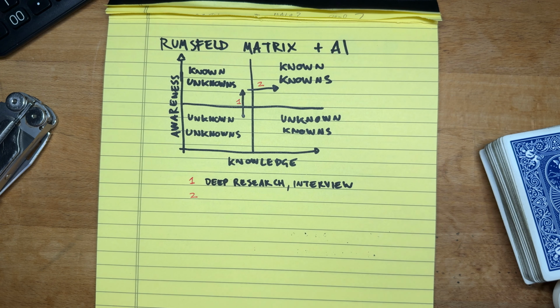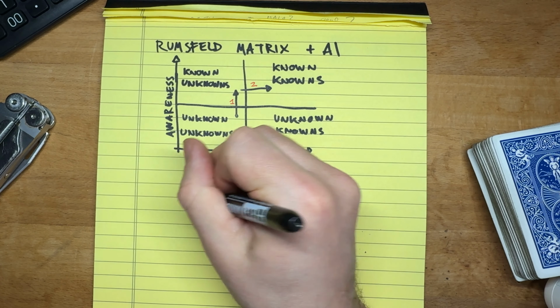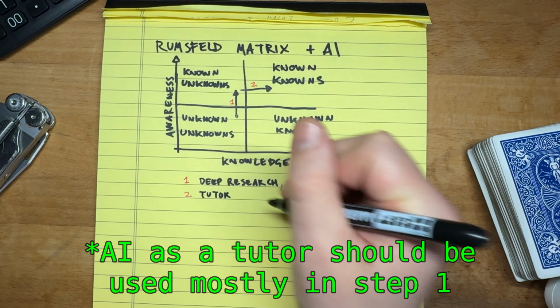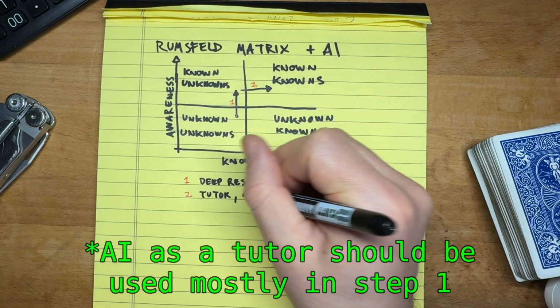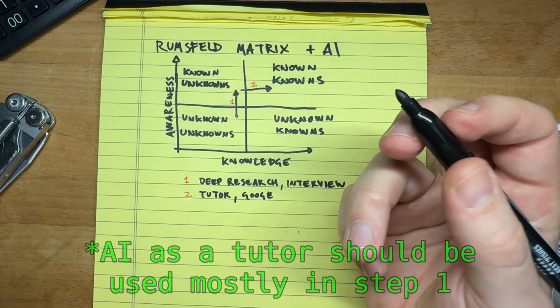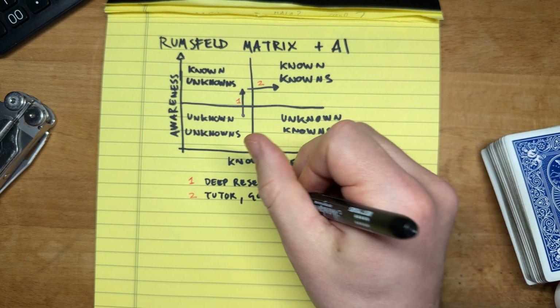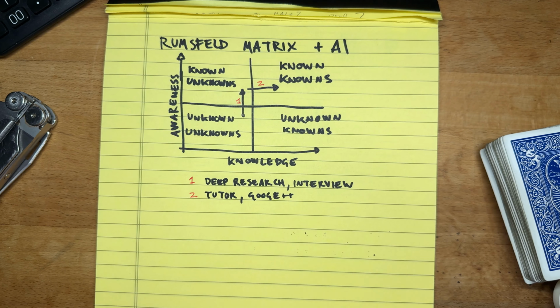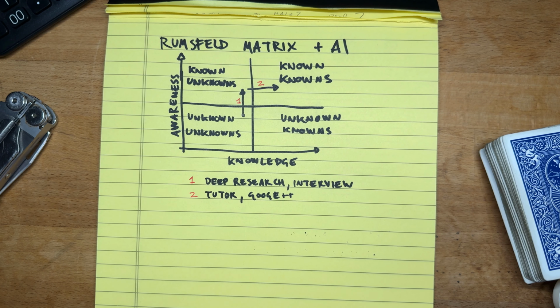And here, AI can be great as a tutor, or as a search engine. Now ChatGPT, I think Claude and others have this web search functionality, right? So you can basically tell them, okay, find me how this and that is. And you can find many sources.